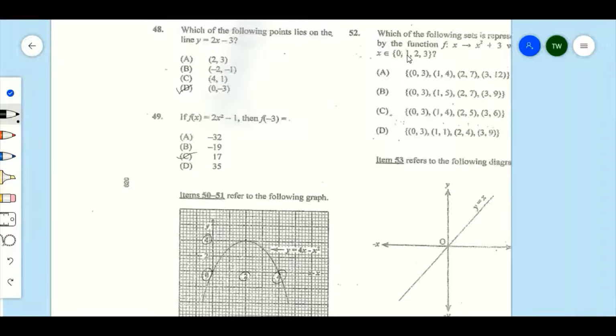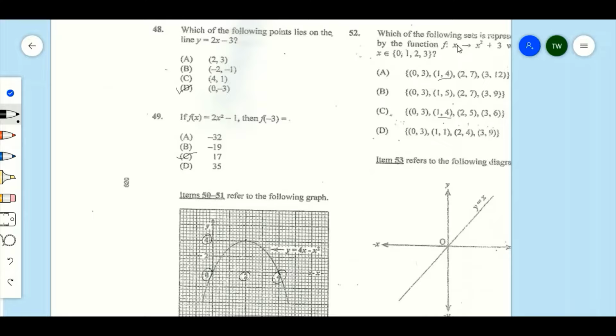Then when x is 1, it's going to be 1 squared, which is 1, plus 3, which is going to be 4. So when x is 1, then y is going to be 4. So it seems as if x is 1 here and y is 4, and it seems as if x is 1 here and y is 4.